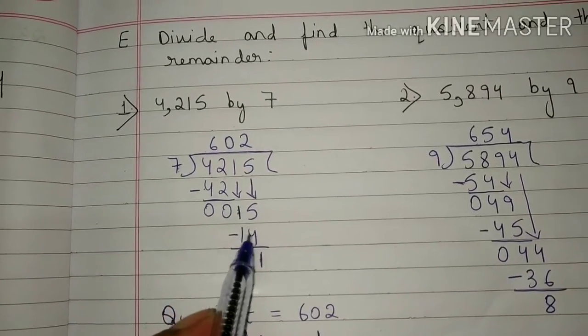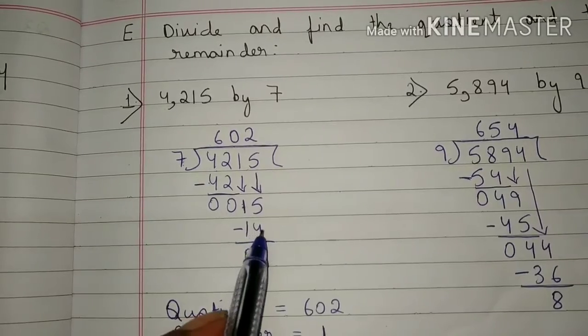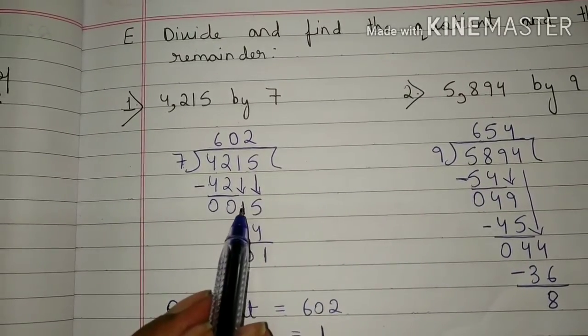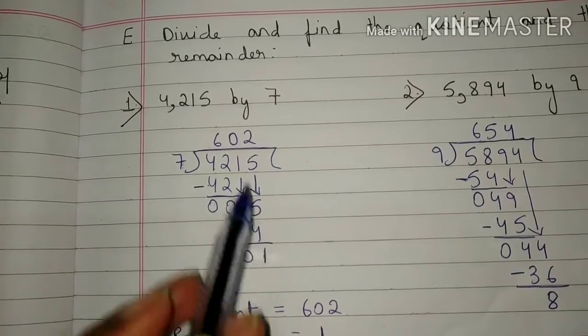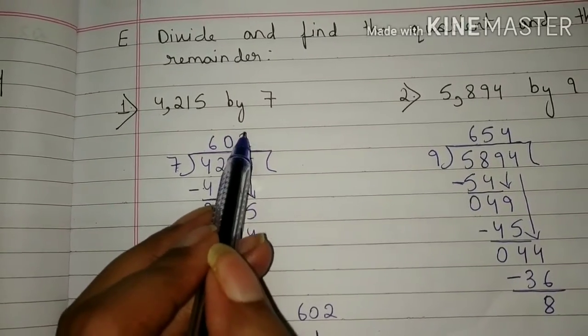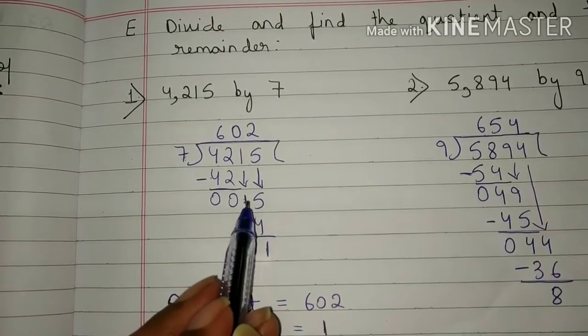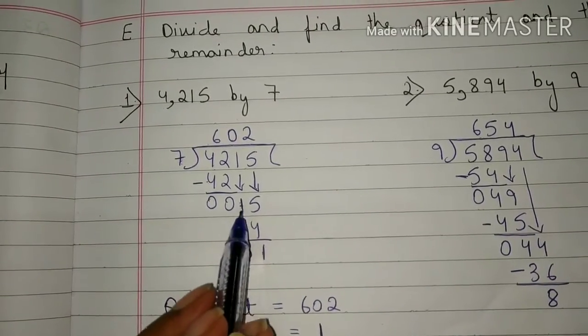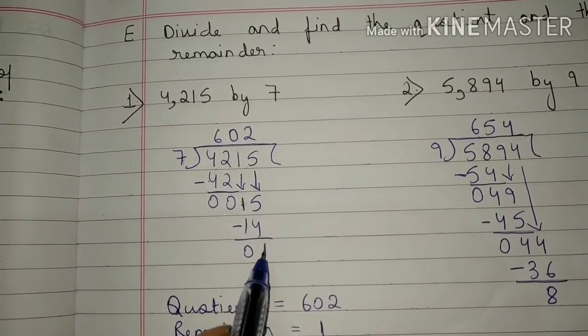Students, 7 2 is 14. 14 is just smaller than 15. So we will consider 7 2 is 14. So we will write 2 here and 14 here. Now we will subtract the numbers. 15 minus 14 will give 1.